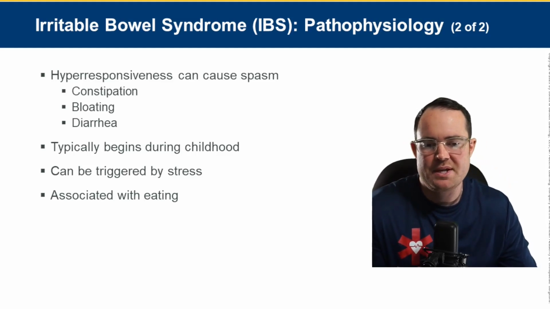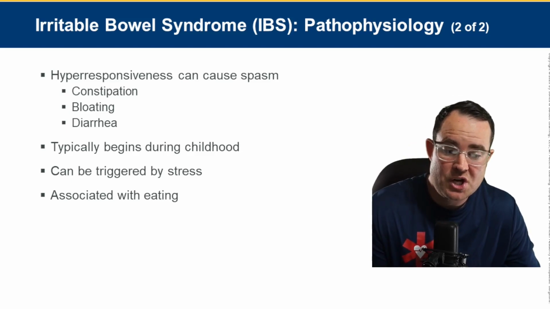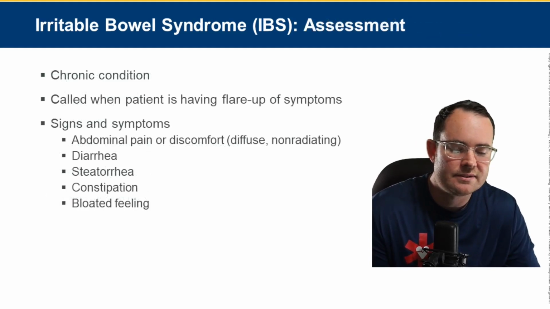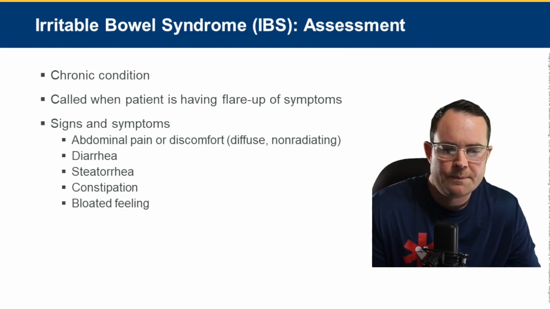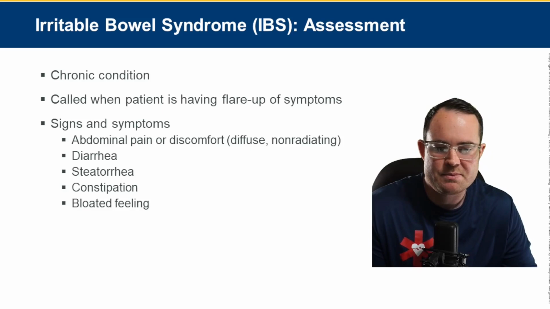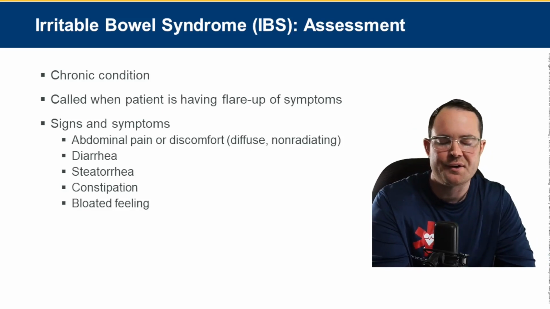Hyperresponsiveness can cause spasming, constipation, bloating, and diarrhea. Typically it will begin during childhood and can be triggered by stress. Another thing saying that it's psychologically linked. It's a chronic condition. It does have flare ups. Most people that have it know what foods are going to cause a flare up.